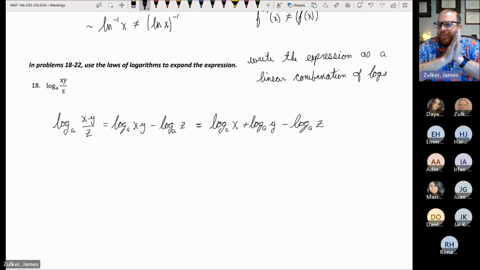Now, being able to do this is very helpful in Calc 1. In fact, there's an entire technique in calculus that revolves around these properties.